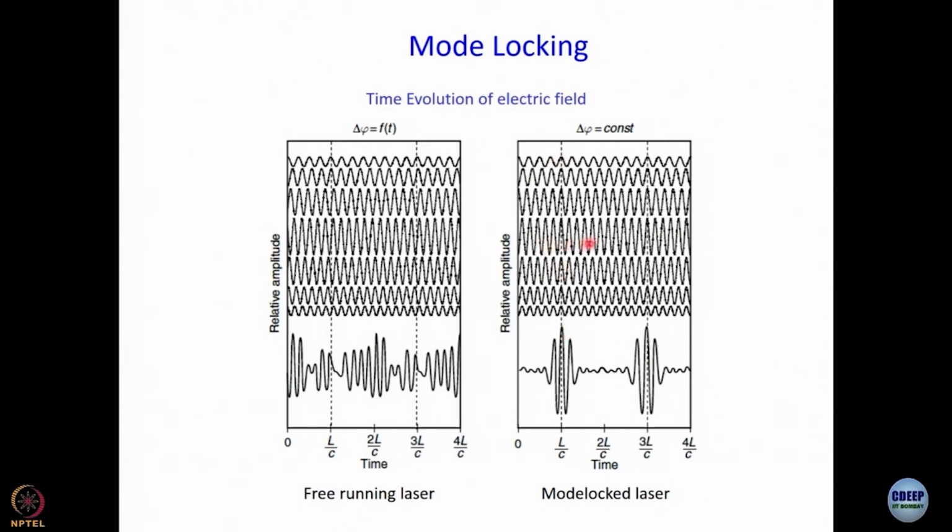The moment you move, x axis is time, remember, the moment you move out in any direction, the waves start getting out of step. This is something that we might have studied when we studied time domain spectroscopy. They start getting out of phase until they have complete destructive interference, and then after some time they will start getting back in phase.